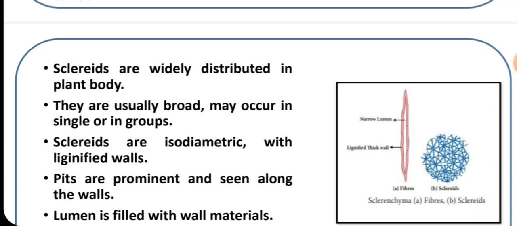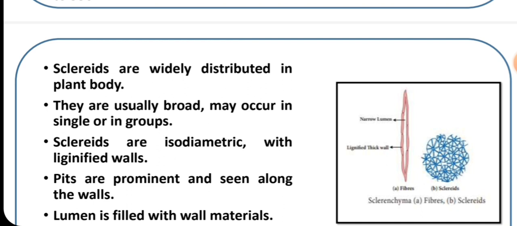The second type of sclerenchyma is called sclereids. They are widely distributed in the plant body. They sometimes occur singly, or they can occur in groups.